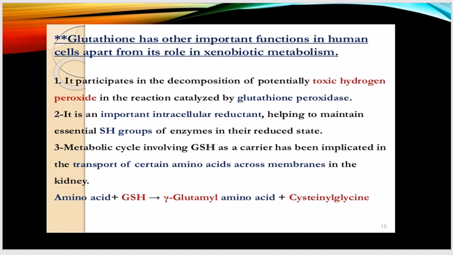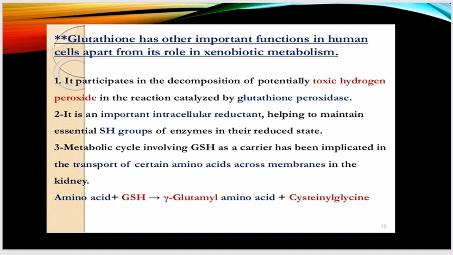It participates in the decomposition of potentially toxic hydrogen peroxide in reactions catalyzed by glutathione peroxidase. It is an important intracellular reductant, helping to maintain the essential SH groups of enzymes in the reduced state.